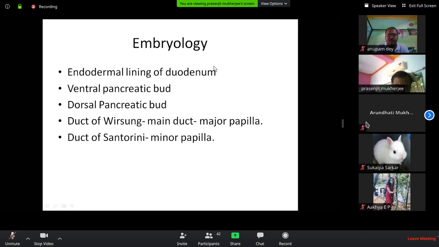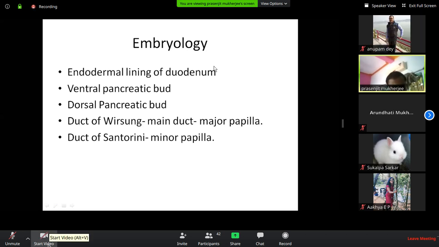Embryology. First, it is important to know from where the pancreas develops. It is developed from a bud which is formed in the endodermal lining of the duodenum. Two buds were initially developed. One is the ventral pancreatic bud, which lies slightly below and anterior, and the dorsal pancreatic bud, which lies above.